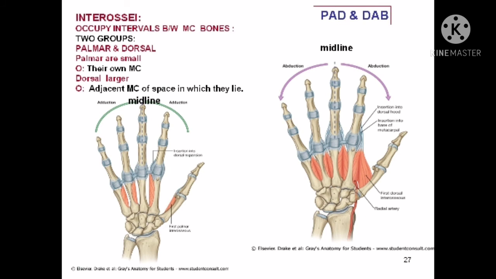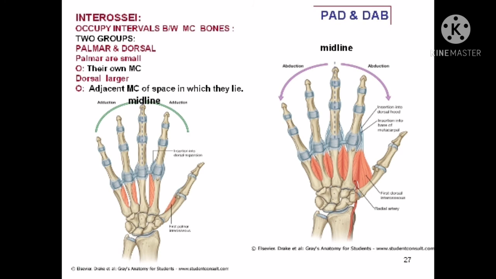The interossei occupy the interval between the metacarpal bones. They are arranged into two groups, the palmar and the dorsal. The palmar are small and arise from their own metacarpal bone. The dorsal are larger and arise from the adjacent metacarpal bones of the space in which they lie.